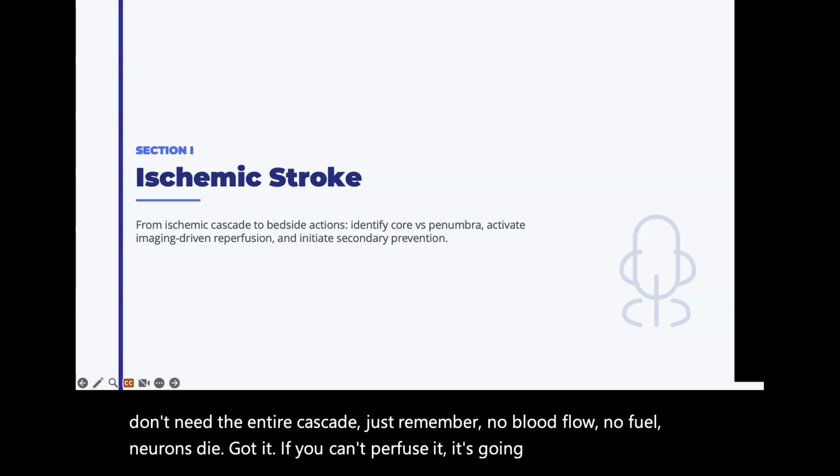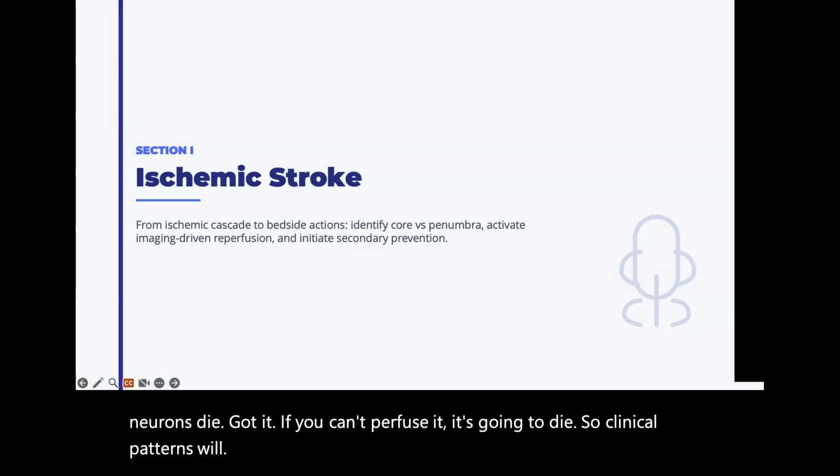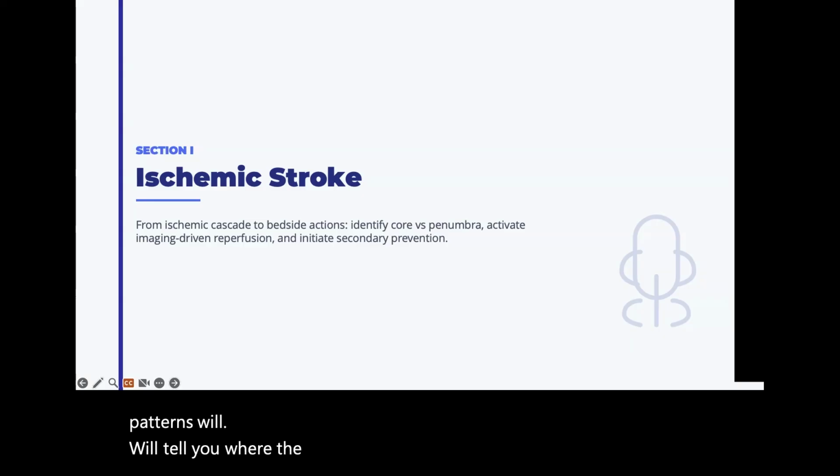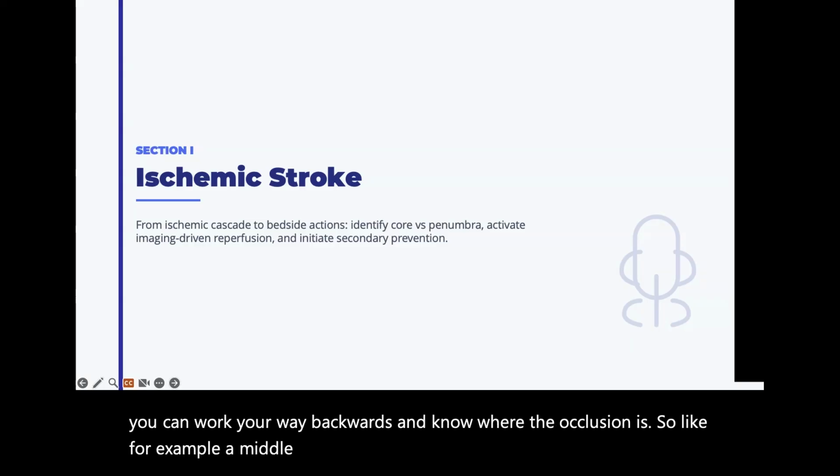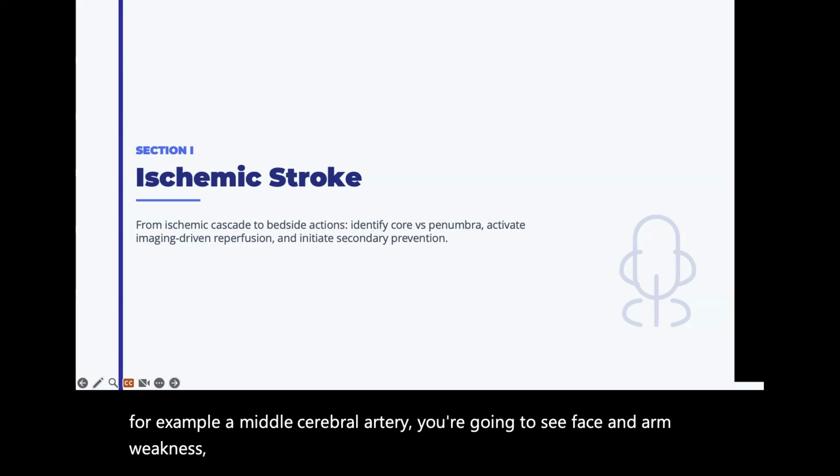So clinical patterns will tell you where the deficit is. Depending on the symptoms they show, you can work your way backwards and know where the occlusion is. For example, with a middle cerebral artery occlusion, you're going to see face and arm weakness, aphasia, right? Or neglect.